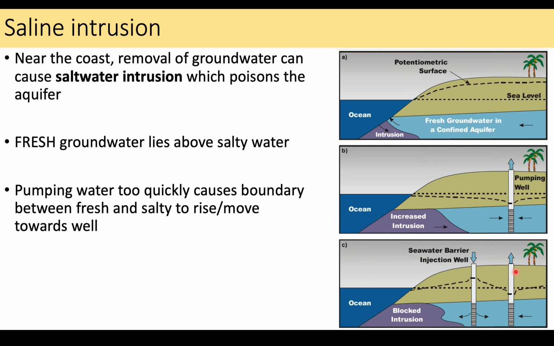So this well, you're going to have pumping up your fresh water, and then you create an injection well that is on the ocean side. So in between your pumping well and the ocean, you have an injection well. So it creates a barrier that's going to be pumping water back down, allowing your pumping well to continue pumping up fresh water.